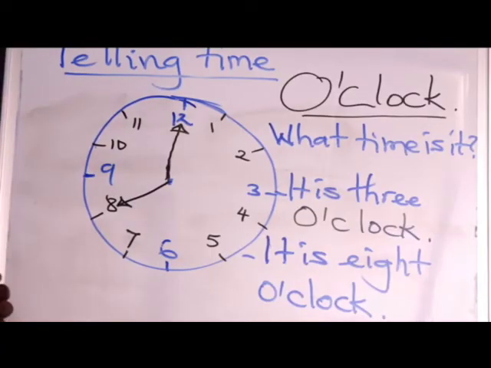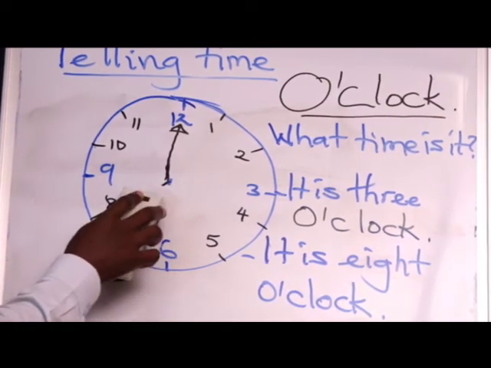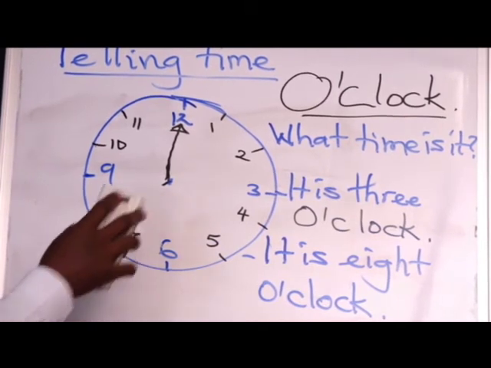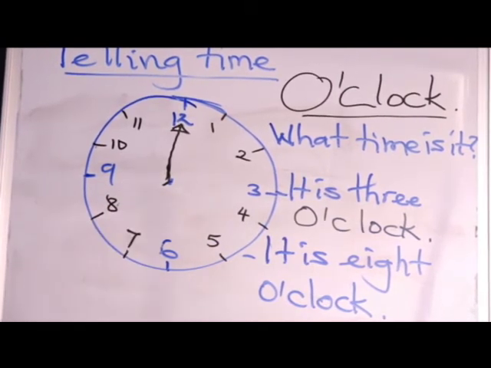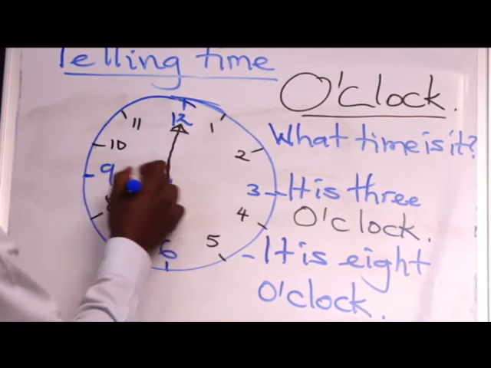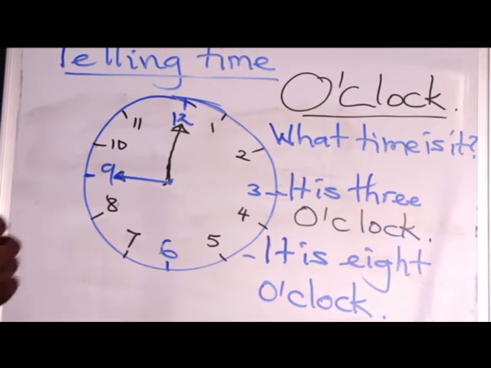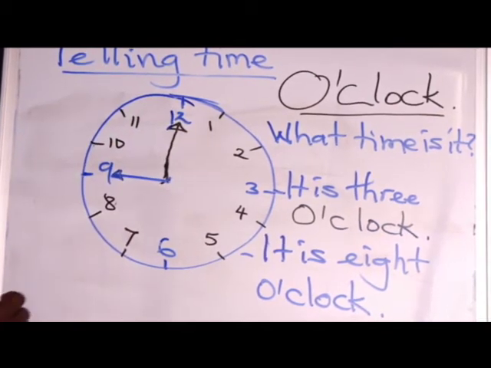Okay? Then, let's change again. The minute hand is still to 12. To mean we are still talking about o'clock. Okay? This is an hour hand. Okay? So, who can tell me what time is it then?